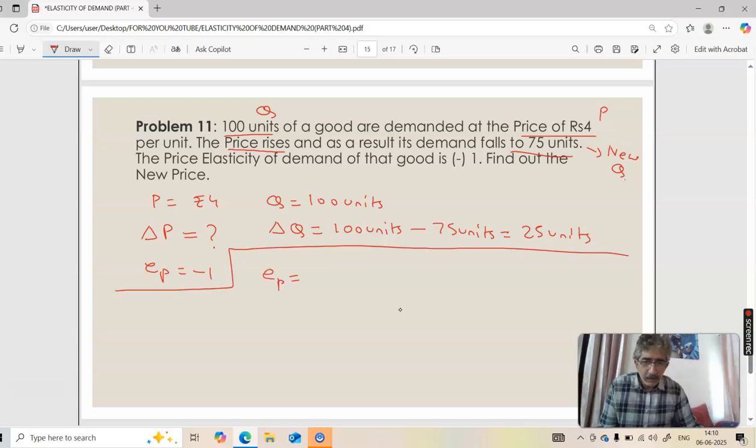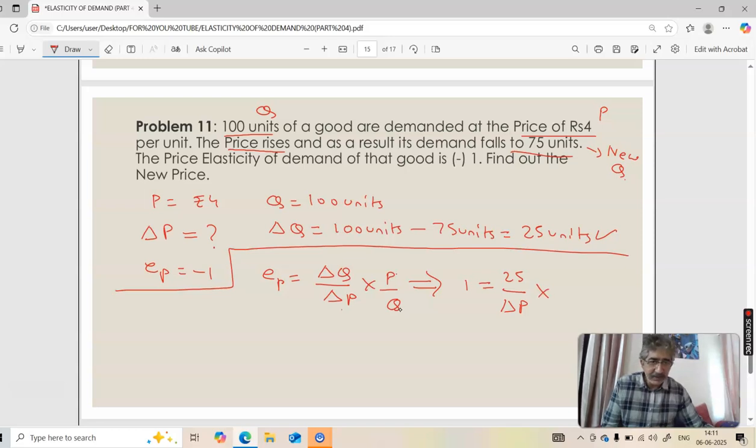let's put the formula. Delta Q upon delta P into P upon Q. Let's put the values. EP is -1, we ignore minus sign, 1, equal to delta Q is 25 here above, upon delta P. Delta P we need to calculate, children, change in the price, into P. P is original price 4 here, upon Q. Q is the original quantity, which is 100.